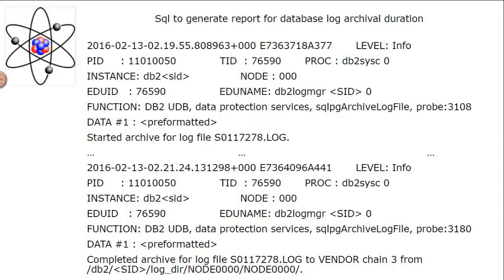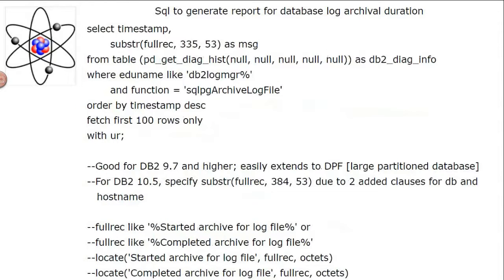So you have no choice but to use the db2diag.log to get a difference of archival times. So we can take advantage of a nice table function, the PD_GET_DIAG_HIST, to drill down on the various log messages.